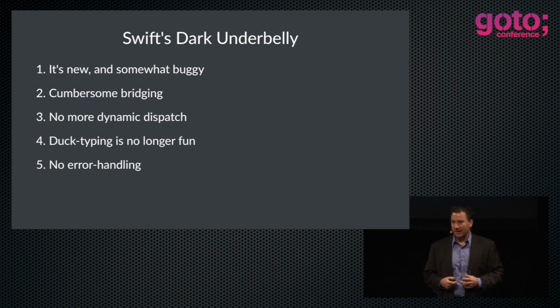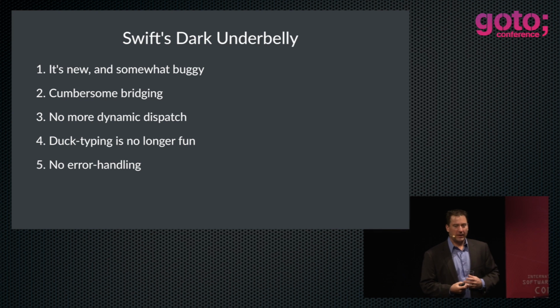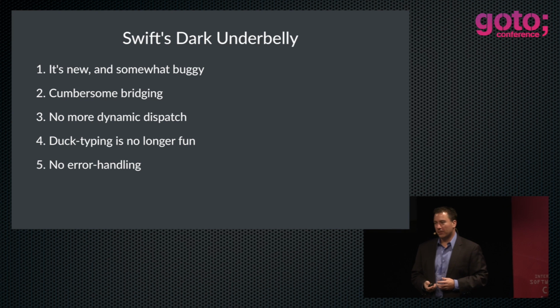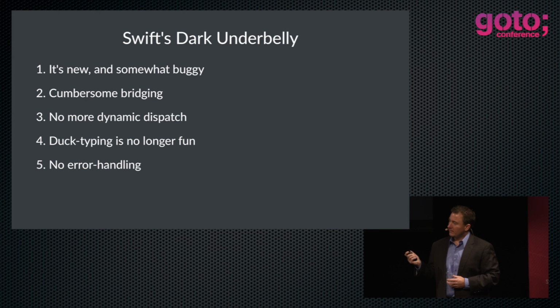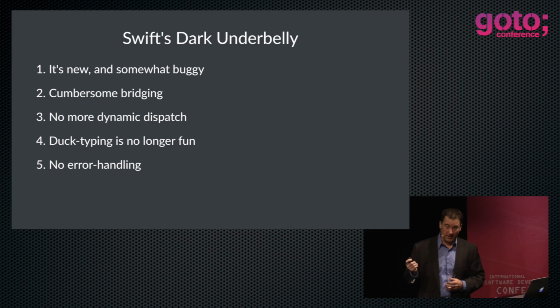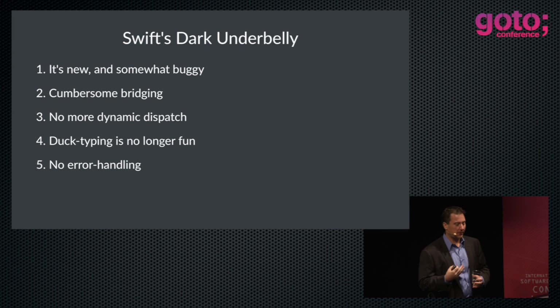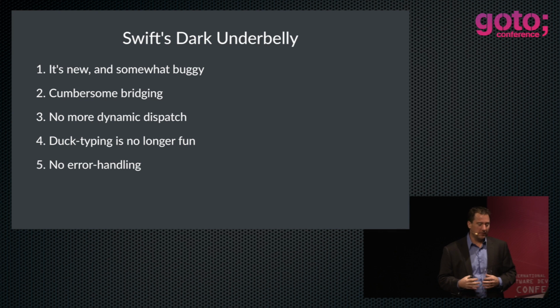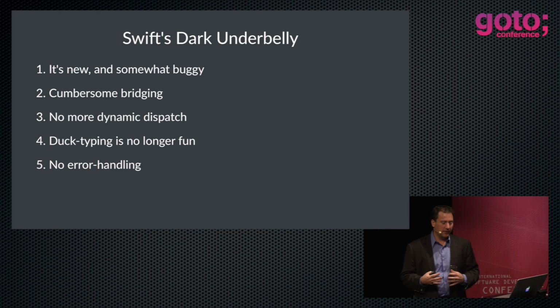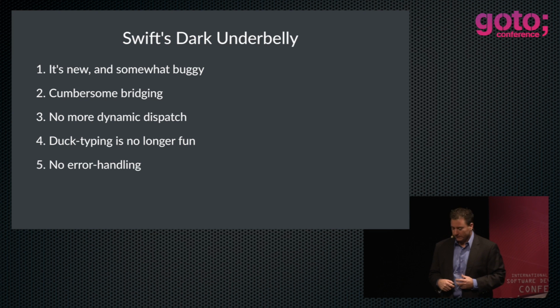That's from the NeXTSTEP days back in the 80s. And that is old, tried and true code that's gotten pretty bulletproof over the years, but it is not idiomatically similar to Swift. You may have noticed in some of that Objective-C code that you have very long method names, whereas Swift errs on the side of terse method names. So some parts of that bridging can be a little bit cumbersome to work with.